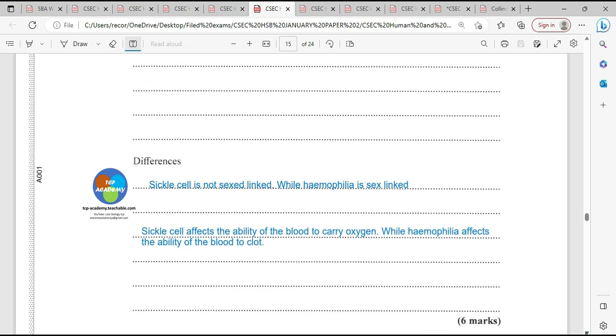Differences: sickle cell is not a sex linked disease, while hemophilia is a sex linked disease. Sickle cell affects the ability of the blood to carry oxygen, while hemophilia affects the ability of the blood to clot.